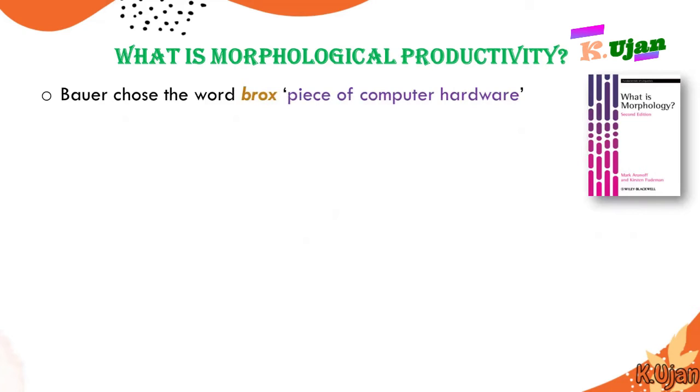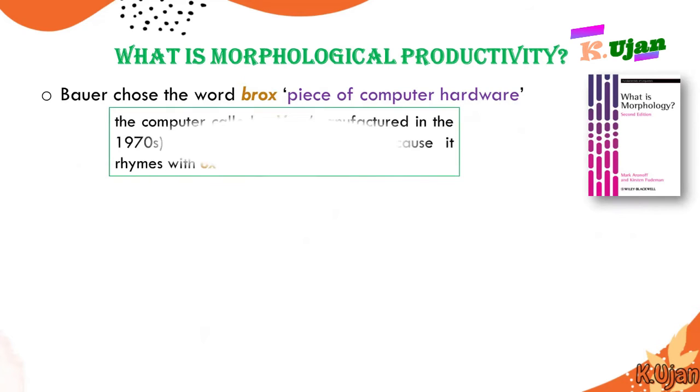Here are a few more understandings of the term morphological productivity. Boyer chooses the word Brox, meaning a piece of computer hardware. He gives a logic about this word: the computer called a VAX, manufactured in the 1970s, was pluralized as VAXen because it rhymes with ox.